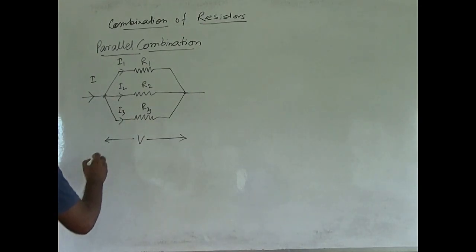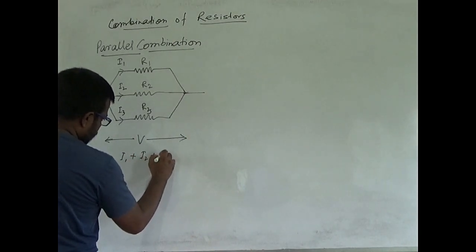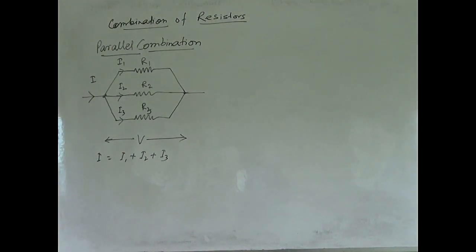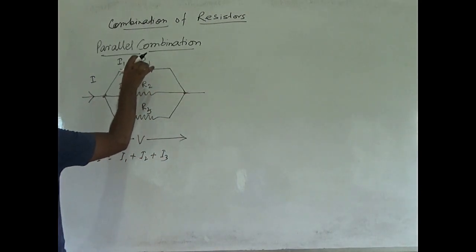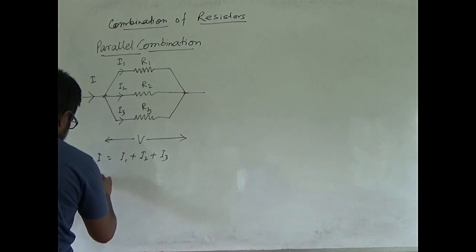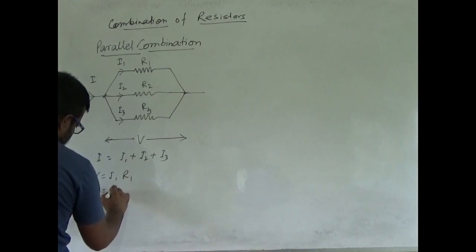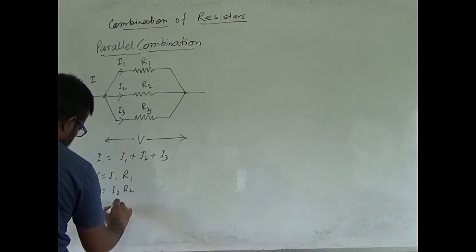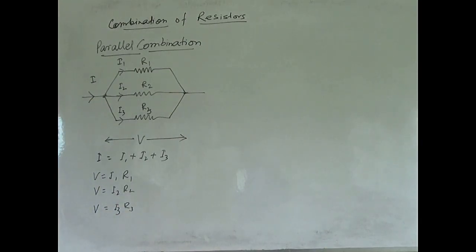Therefore, obviously we can write I equals I1 plus I2 plus I3, and applying Ohm's law on the three resistances, we can write V equals I1 into R1. For the second resistance, V equals I2 R2. For the third resistance, V equals I3 into R3.